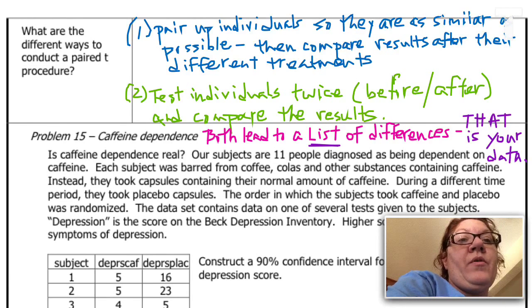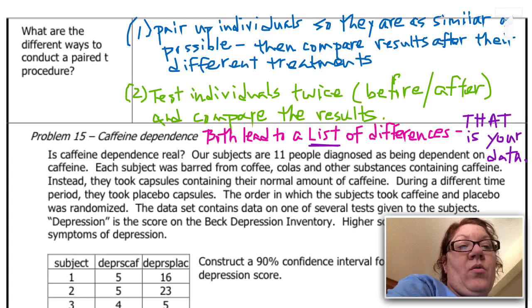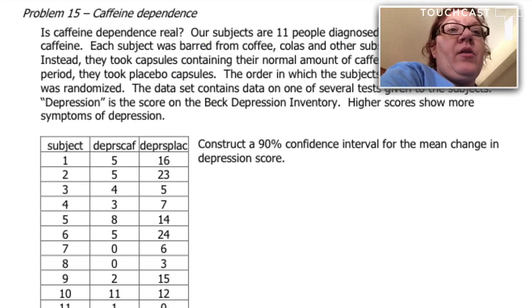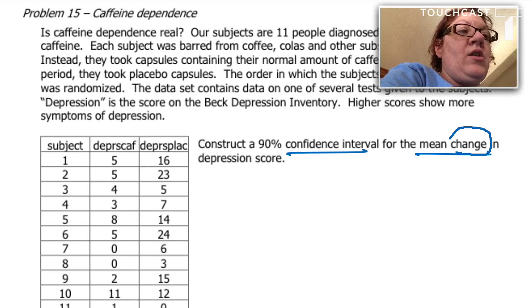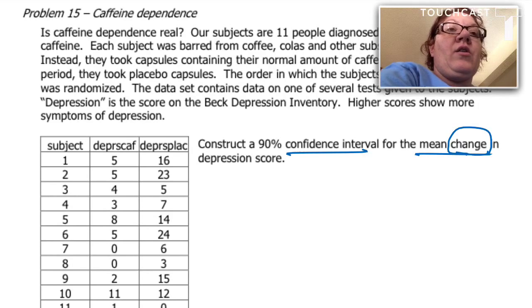All right, here's an example about caffeine dependence. So read the example first. And now that you're finished, note that we are constructing a 90% confidence interval for the mean change. So that means first I need to look at the changes, and then I'll find the average of that change.